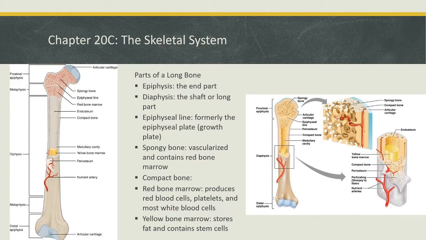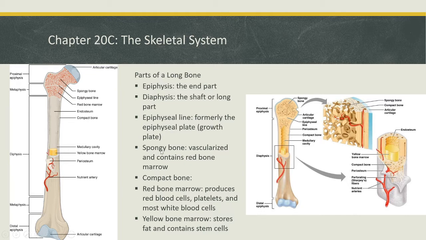In a child, it would be the epiphyseal plate, or also known as the growth plate. And that is where the reproduction of cells takes place that lengthens the bones as you grow. And then once you're done growing, the growth plate undergoes some changes, and we no longer refer to it as the epiphyseal plate, and it's just a thin line, the epiphyseal line.